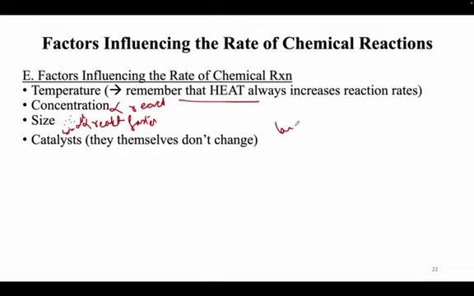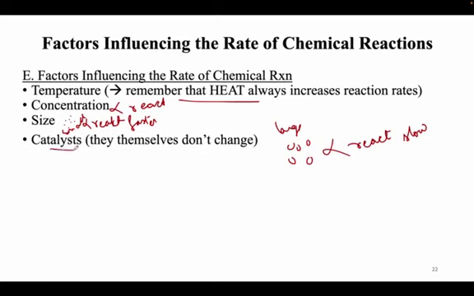But if you have large molecules like this, because they are large in size, it will take time for them to run around, and therefore they will react slowly. Their reaction will be slightly slower.